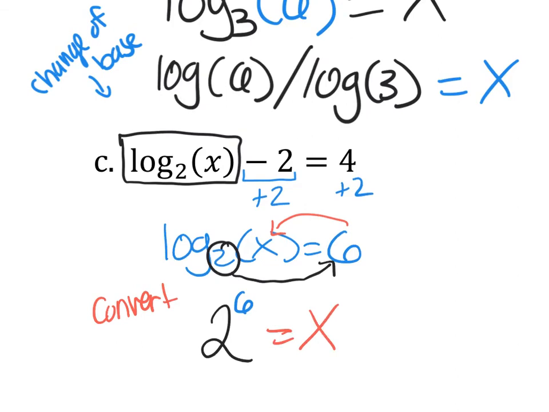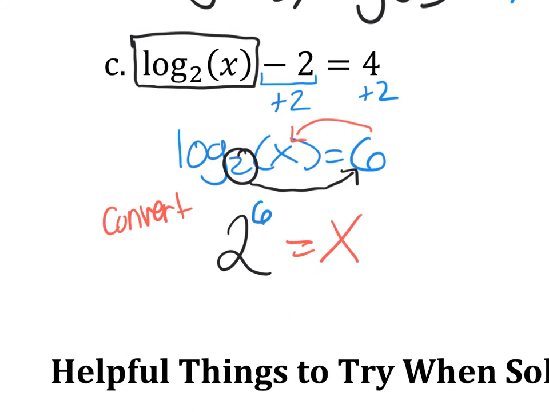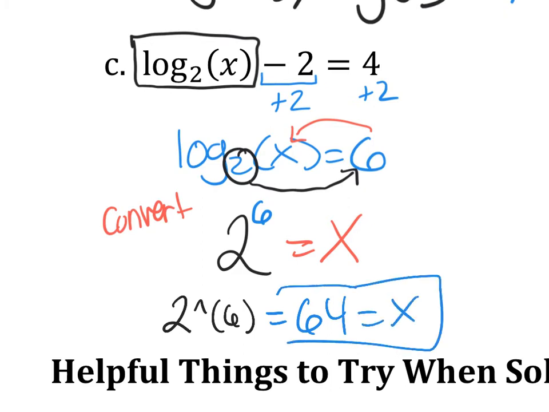So now x is by itself. Yay. So that means we can use our calculator to evaluate 2 to the 6th power. So you would do 2 caret 6 in parentheses. And what do you get? 64 equals x.